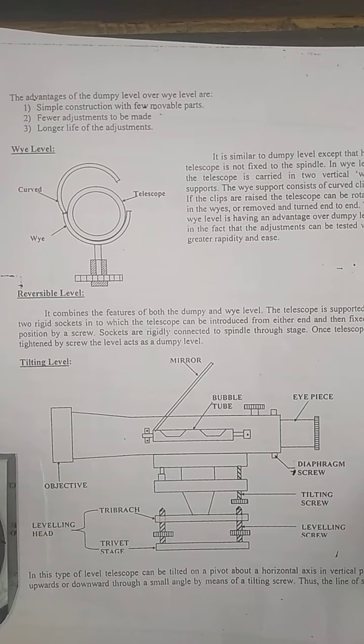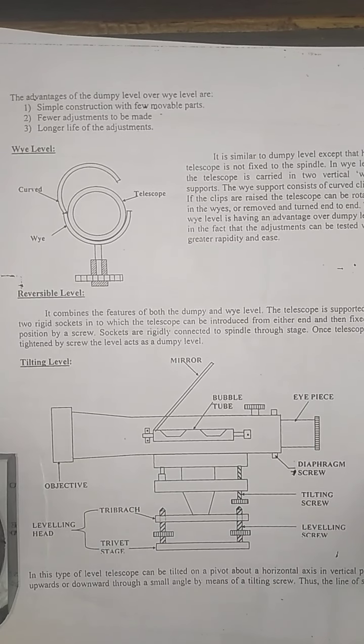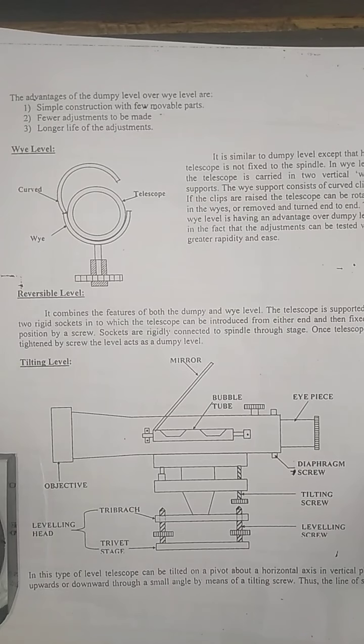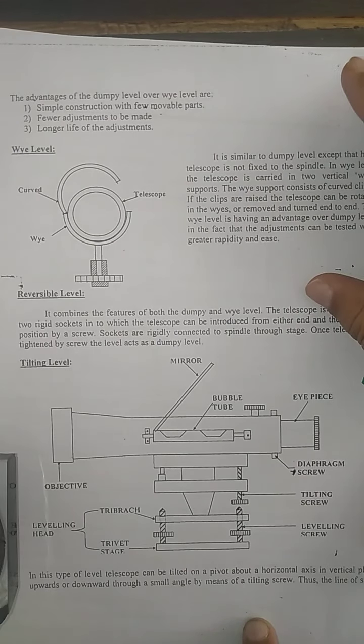When the clips are fastened, the telescope is held in the turning point about its axis and the lug on the clips. So the Y level has one advantage over the dumpy level: the adjustments can be tested with greater repeatability and ease. However, the adjustments do not last as long and can be disturbed more frequently due to the large number of movable parts. So this is regarding the Y level.